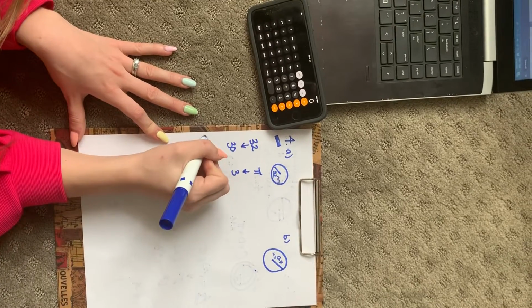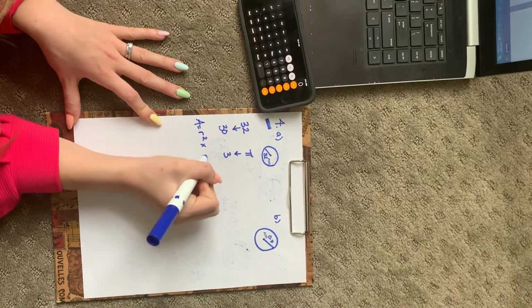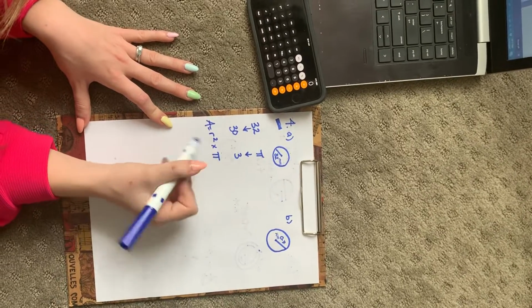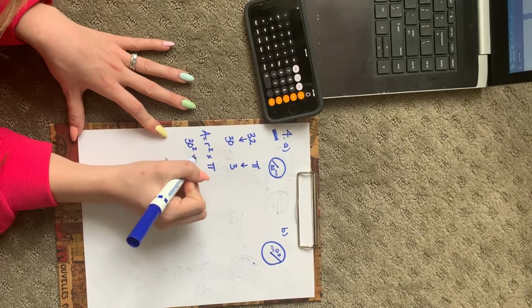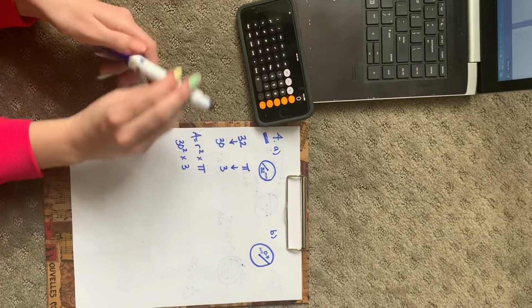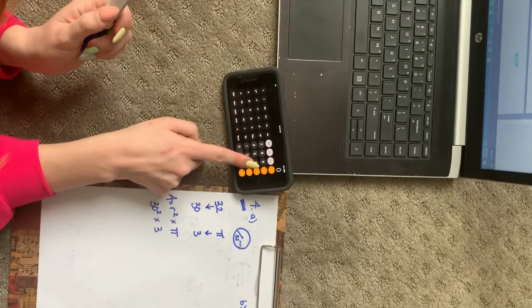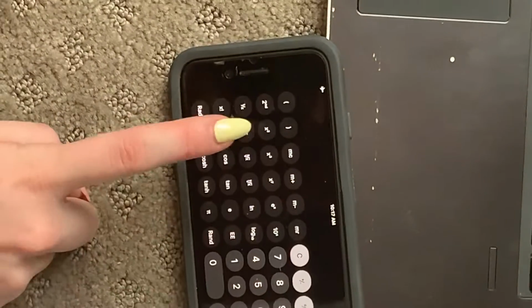So my equation is area is r squared times pi, but for my estimation purposes, I'm going to change it to 30 squared times 3. So then on my calculator for my estimation, I'm going to go 30, and then I'm going to type my squared button on my iPhone calculator.